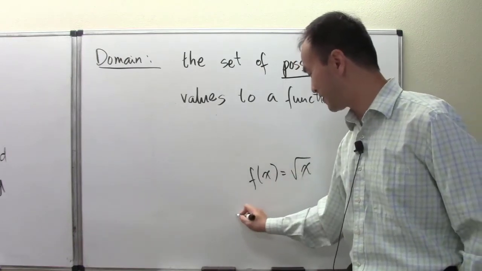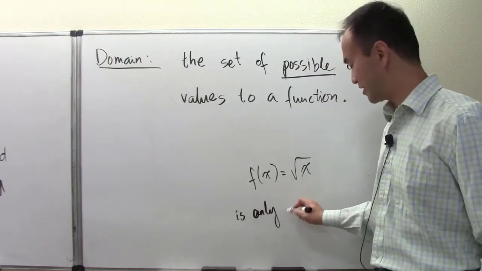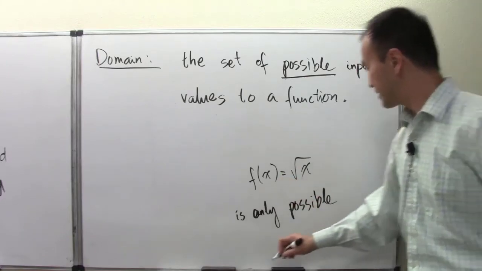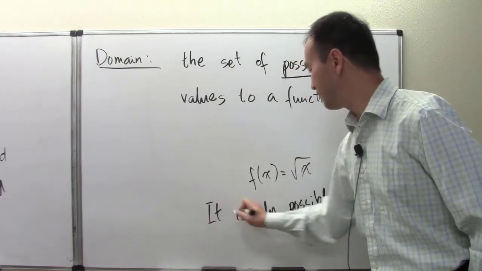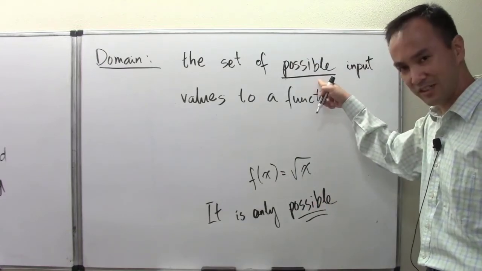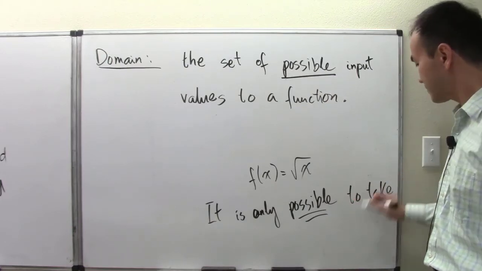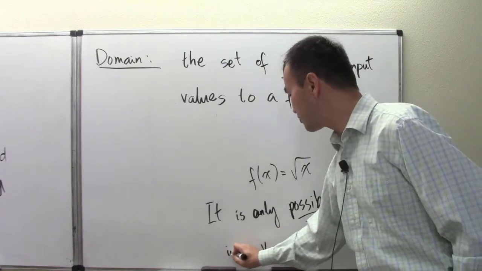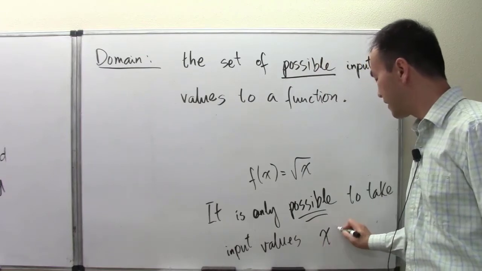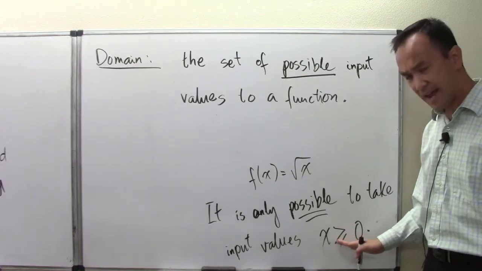This function is only possible to take, that's that term possible, the set of possible inputs, only possible to take input values, namely x greater than or equal to 0.